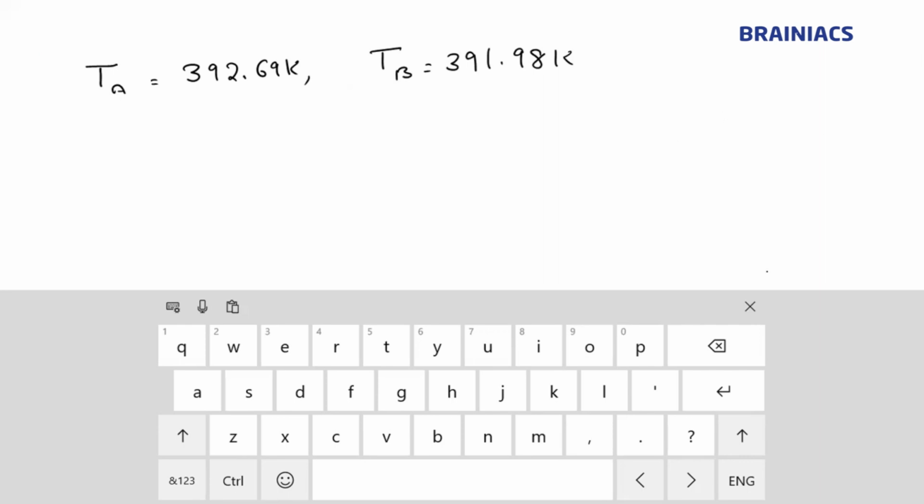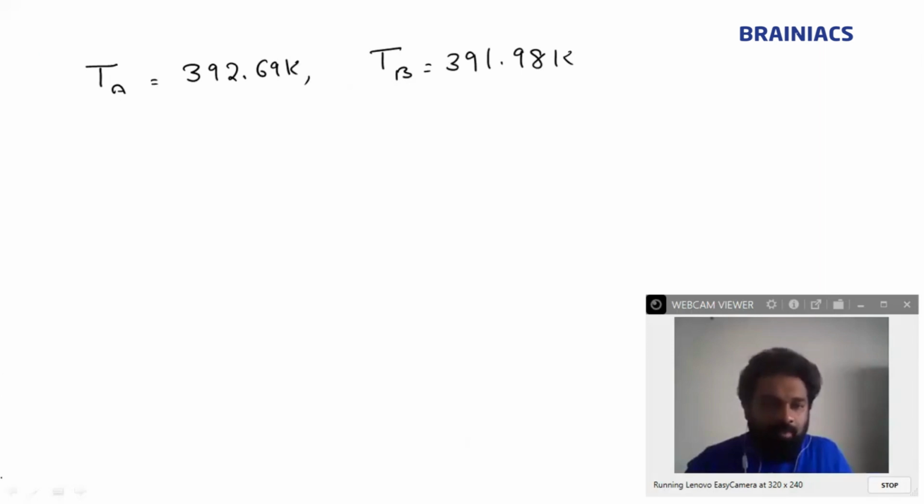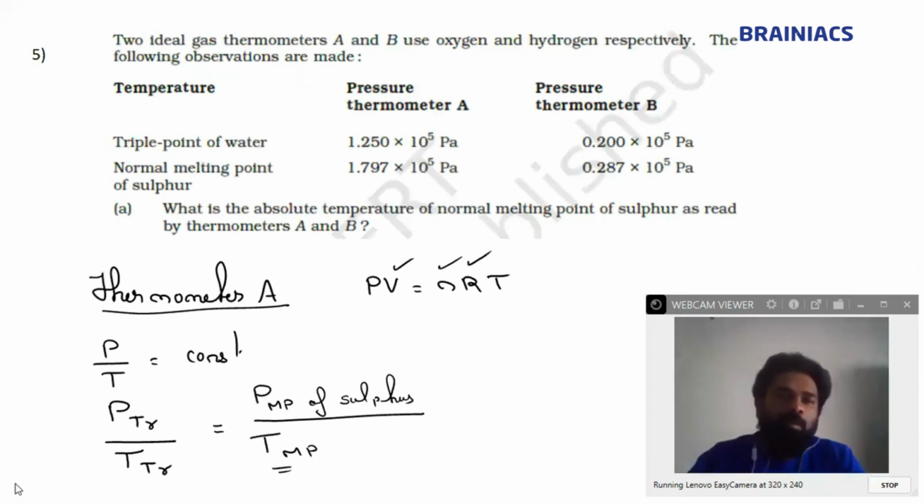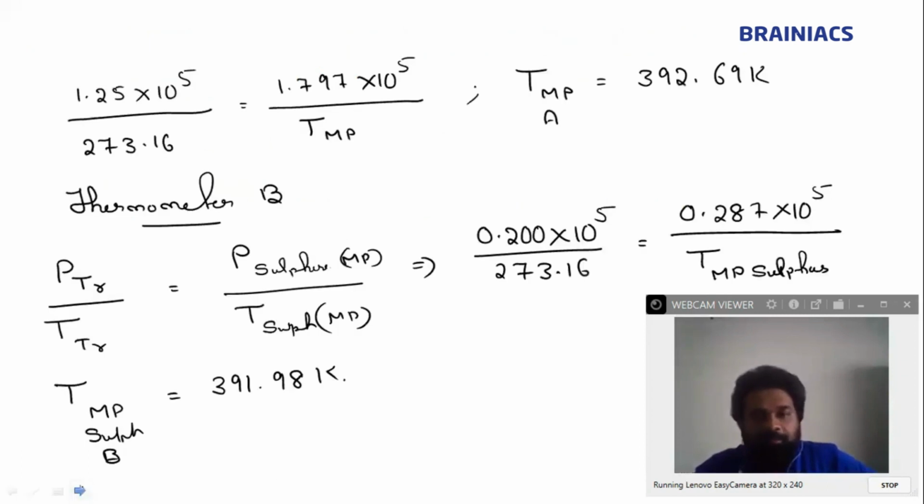If you look at the data, the pressure is 1.250 into 10 raised to 5 Pascal, then 1.797 into 10 raised to 5 Pascal. This is high temperature. And triple point of water, we know, is very low temperature. So we can see high pressure and low temperature.